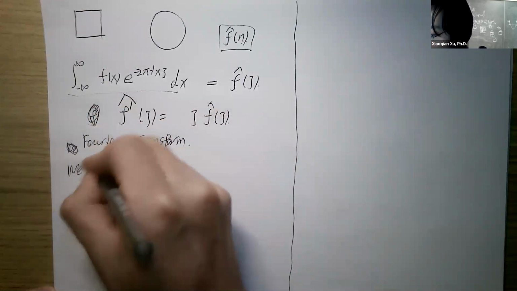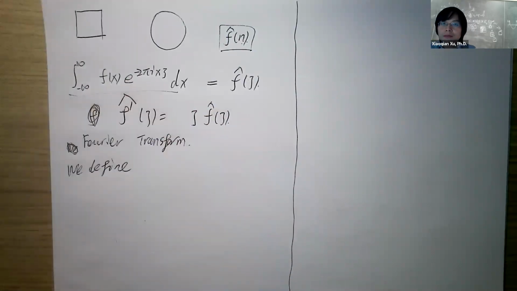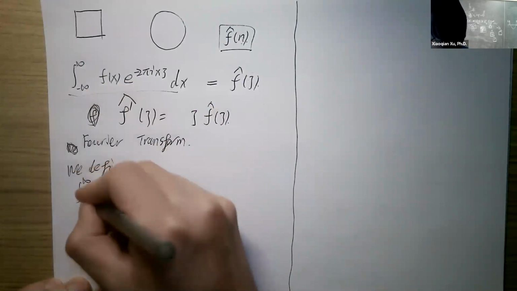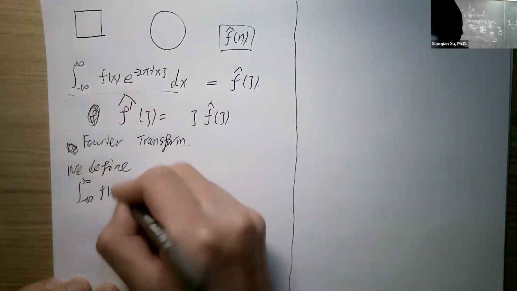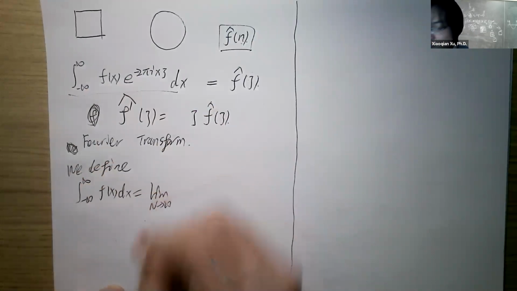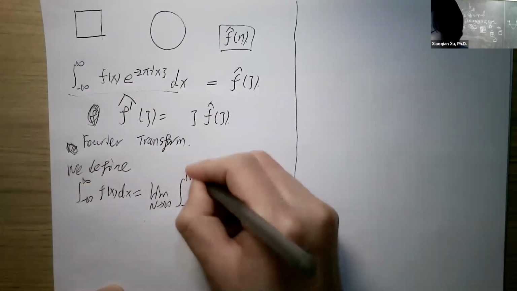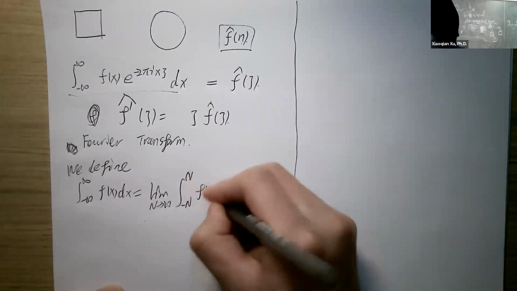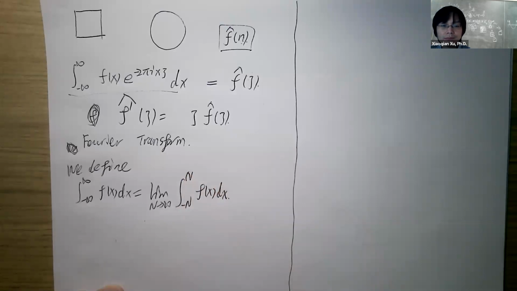We define this whole-area integral, for a function f, to be the limit as N goes to infinity of the integral from minus N to N of f(x) dx. So it is somewhat similar to what we have with the partial sum of the Fourier coefficient, right?